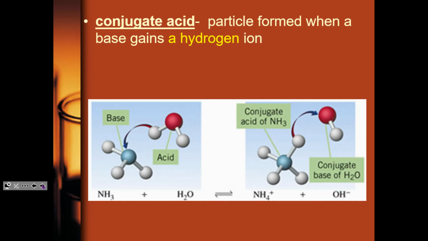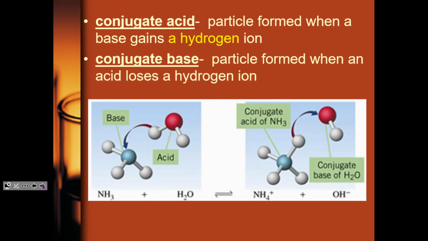So with Bronsted-Lowry acids and bases, we have what we call conjugate acids and conjugate bases. So a conjugate acid is a particle formed when a base gains a hydrogen ion. Now, a conjugate base is a particle formed when an acid loses a hydrogen ion. So if we look at the picture, for NH3, the base was the one that accepted, and the acid was the one that donated.